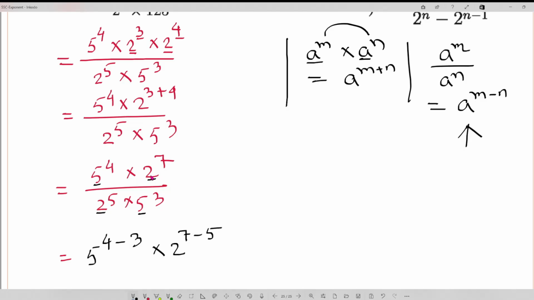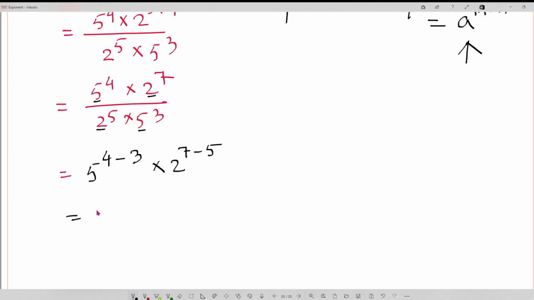So a to the power m divided by a to the power n is a to the power m minus n. Now 4 minus 1 is 1, so here is only 5, and 2 to the power 7 minus 5 is 2 to the power 2, so here is 5 times 4. Our answer is 20.